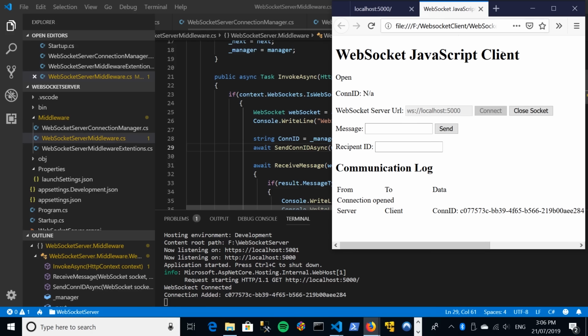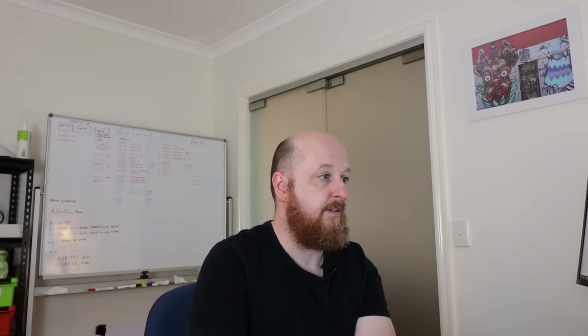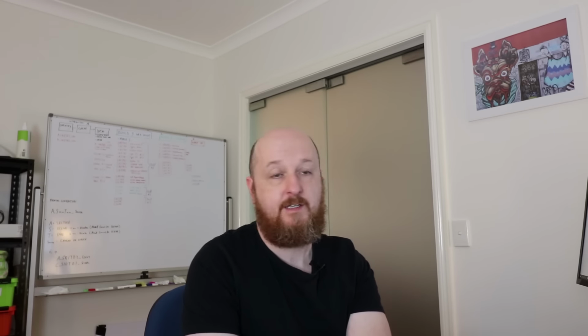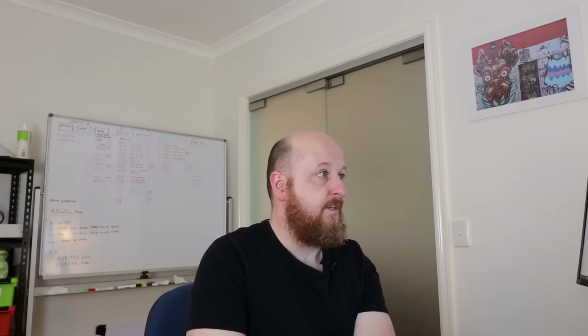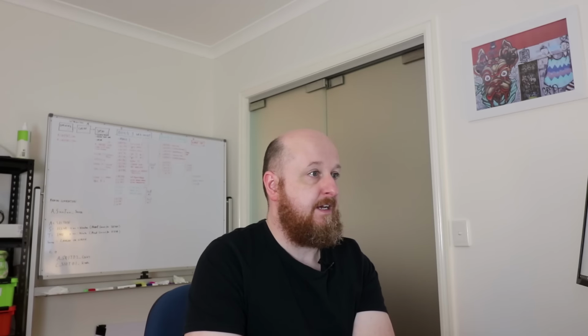And indeed we do. So we have now received a message back from our server telling our client what connection ID it's been granted, and as you can see here, they match. No surprises there.